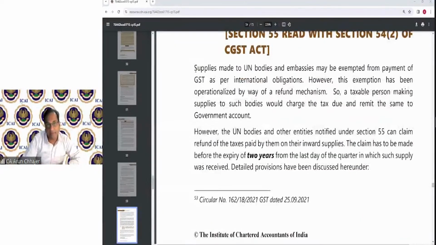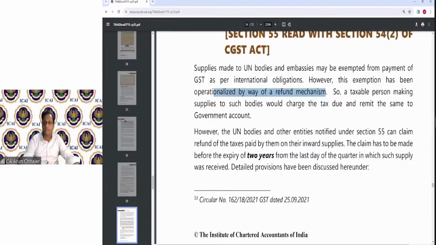The supplies made to the UN body and embassies may be exempted from payment of tax as per the international obligation. However, this exemption has been operationalized by way of the refund mechanism. It means, suppose I am making a supply to a UIN holder, then I will charge the GST. Whatever GST I have charged, that UIN body will file the refund application.